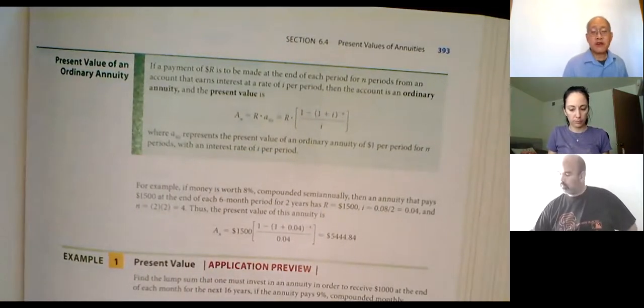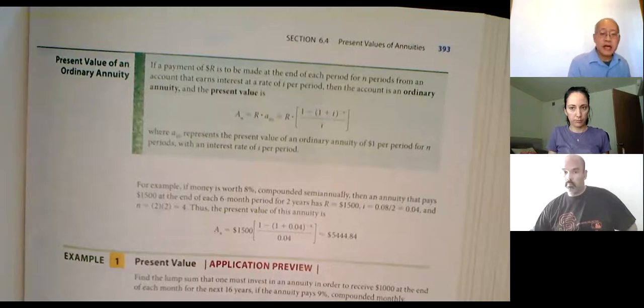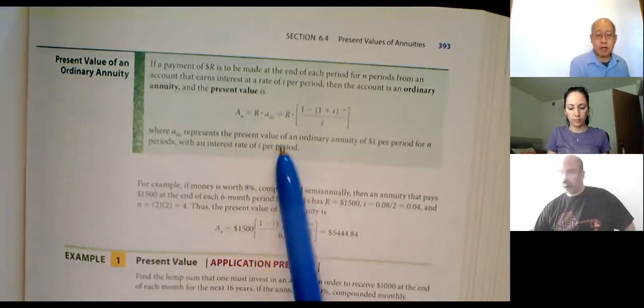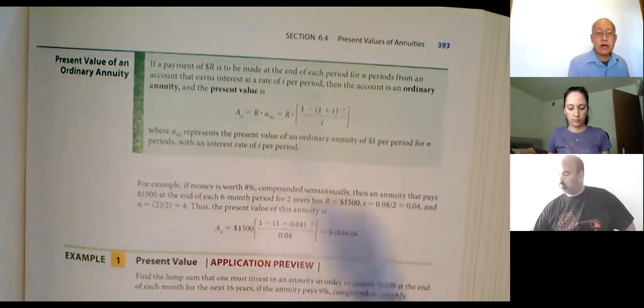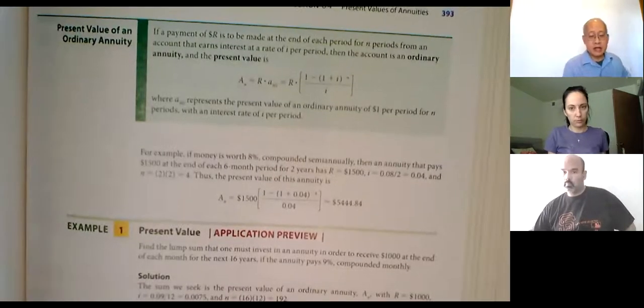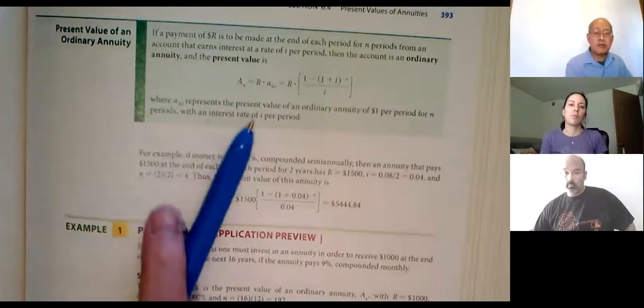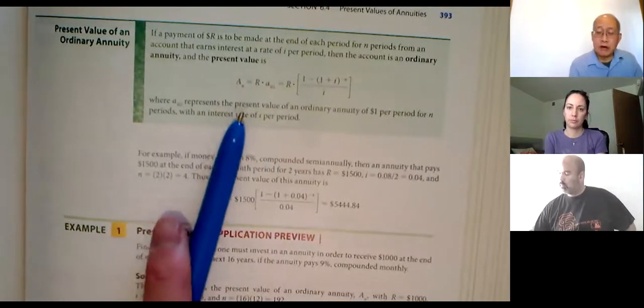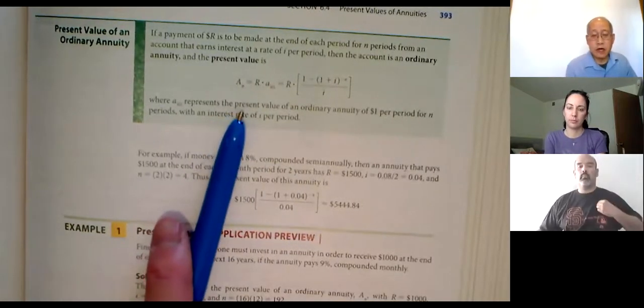Okay, now 6.5 is really the same formula. They give it to you in a little different fashion, but you can survive with just this formula. Okay? I'll just talk quickly a little bit of theory. So the theory behind this kind of annuity. In this particular case, you are plunking down a lump sum, a big amount. So let's say $20,000.